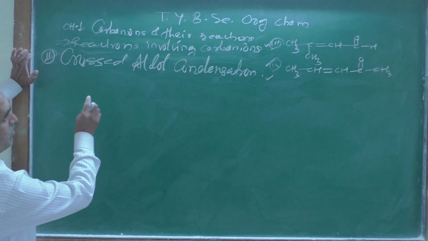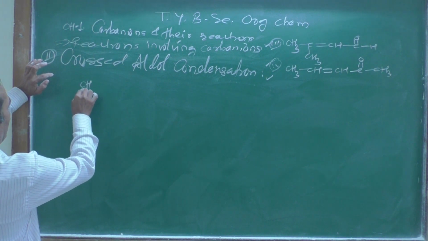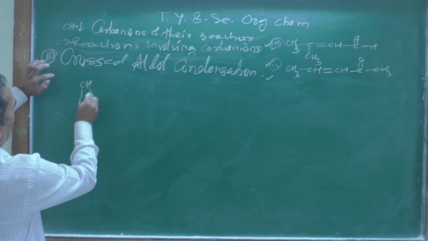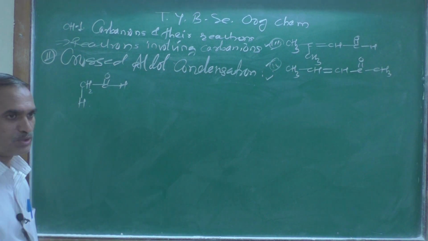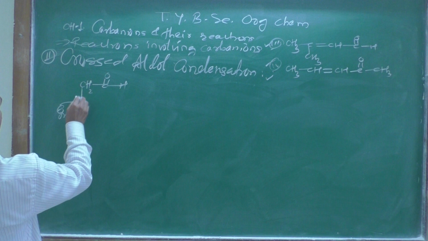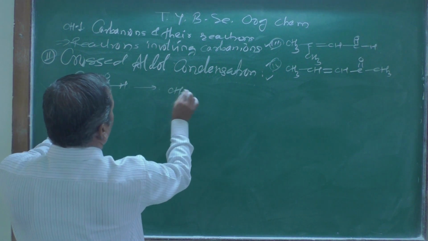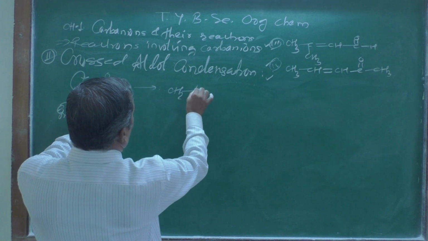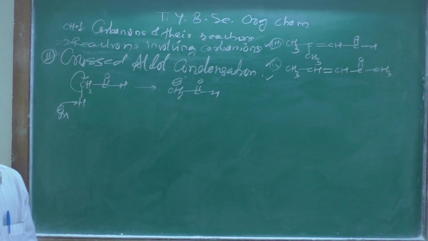What is going to happen in this particular case: CH2, I am writing one of the hydrogen atoms over here for suitability. That OH minus will abstract this proton and form the carbanion, and you are going to get CH2, then C double bond OH, the carbanion formed over there.